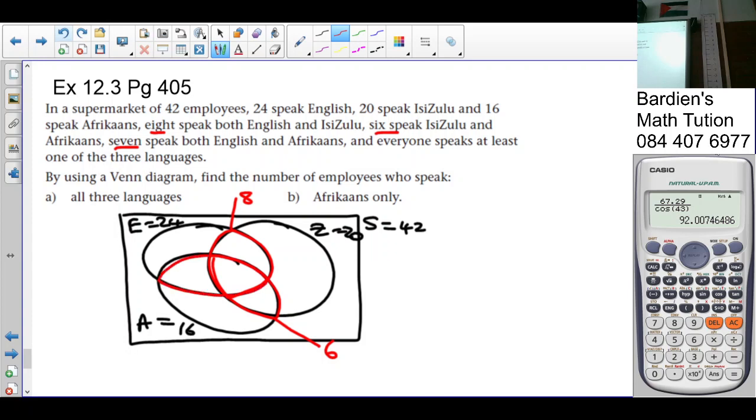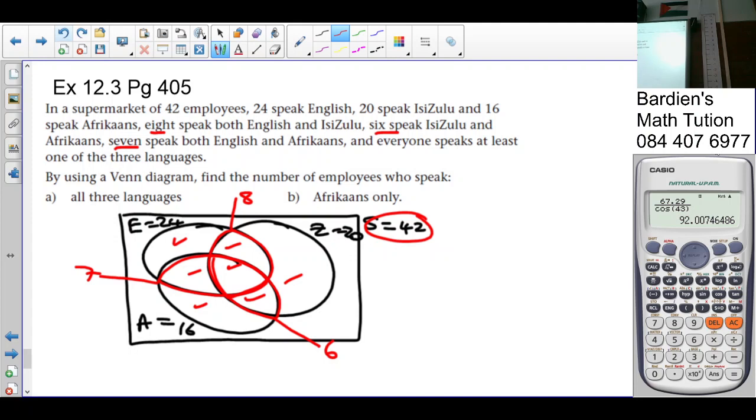English and Afrikaans. How many? 7. And everyone speaks at least one of the 3 languages. What does that mean? No one's on the outside. 0. Which means to say that it adds up to 42.